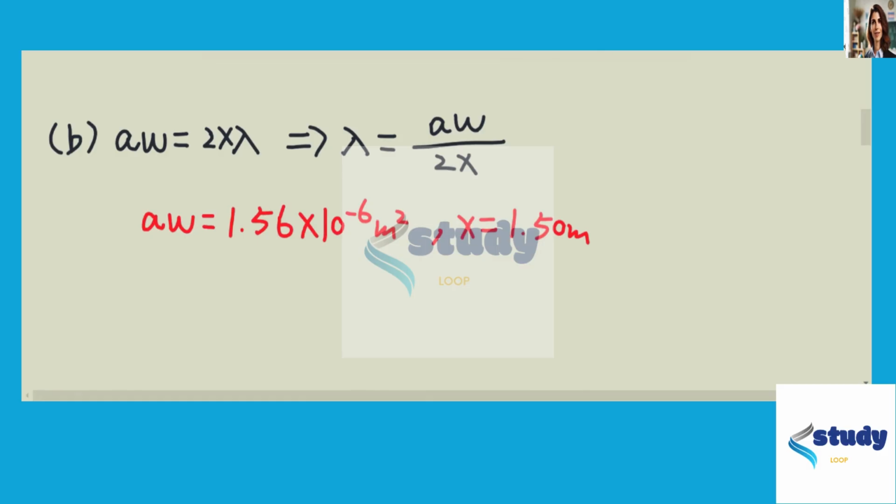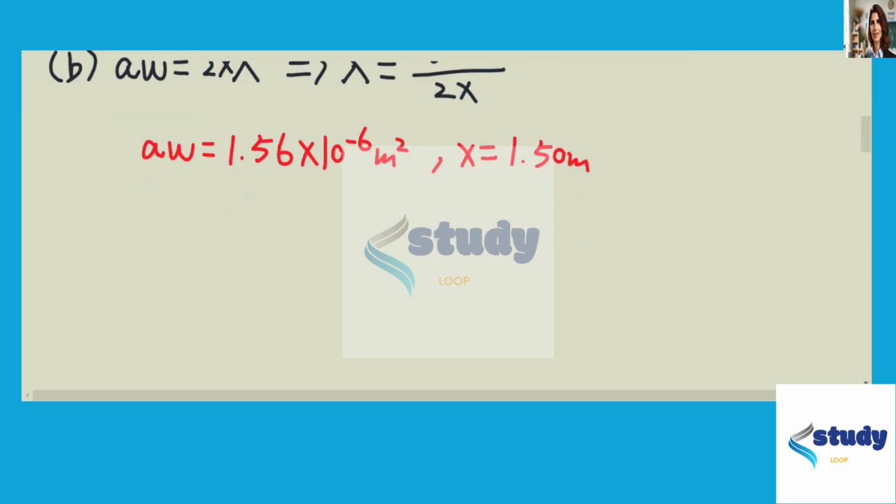And then x, which is the distance between the screen and the slit, is 1.50 meter. So therefore, we can determine the wavelength of the laser light, which is equal to 1.56 times 10 to the power of negative 6 meters squared over 2 times 1.50 meter.